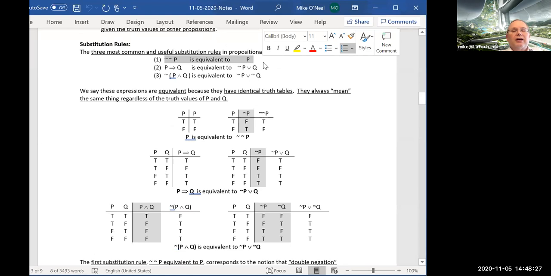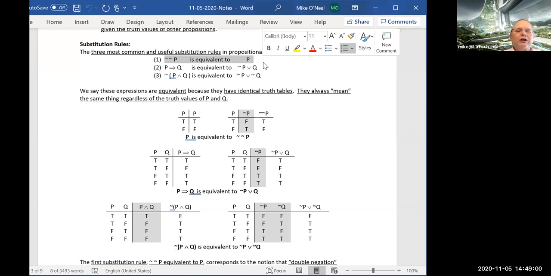Double negation cancels itself out, right? Now, we learn in English way back in the day not to use 2 nots in a sentence. It's not good to use 2 nots in a sentence.